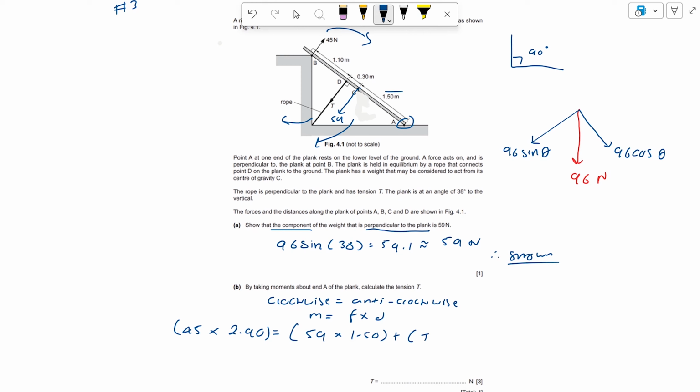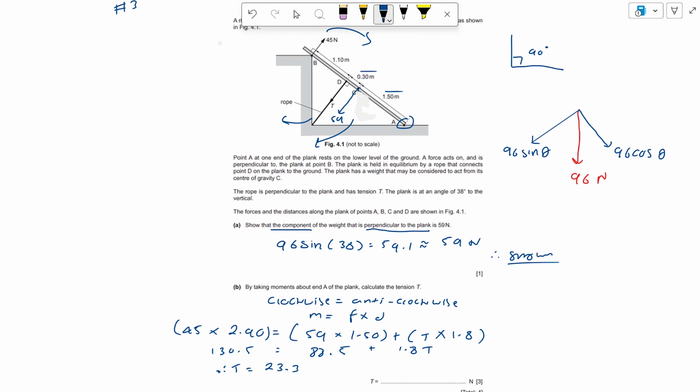Tension is just going to be 0.30 plus 150, and that's just going to be times 1.8. Now this is going to be 130 plus 0.5, 88.5 plus 1.8 T.